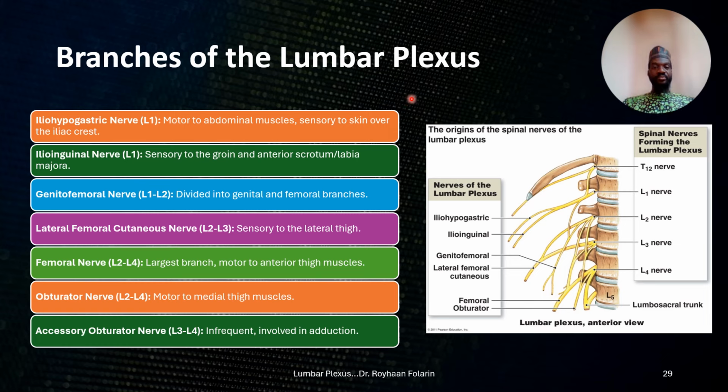Once again, the branches of the lumbar plexus: the iliohypogastric, the ilioinguinal, the genitofemoral, the lateral femoral cutaneous, the femoral nerve, the obturator, and then the accessory obturator.